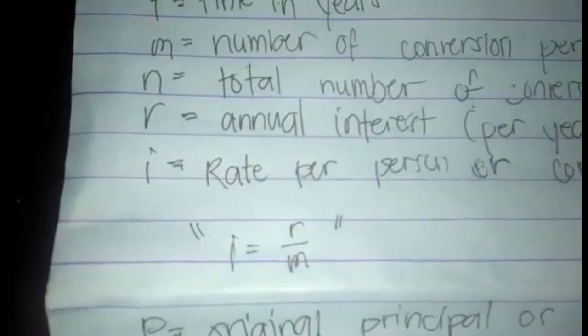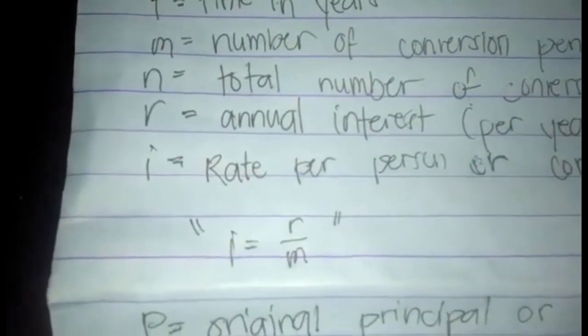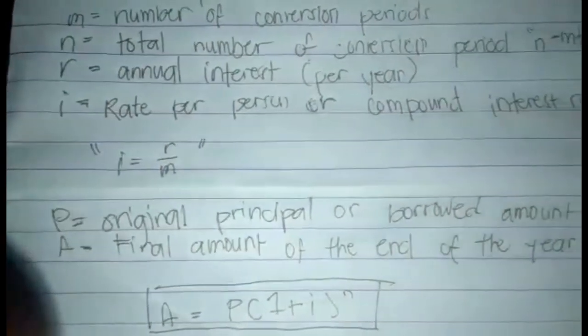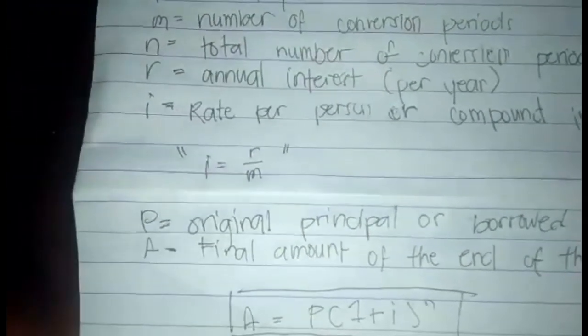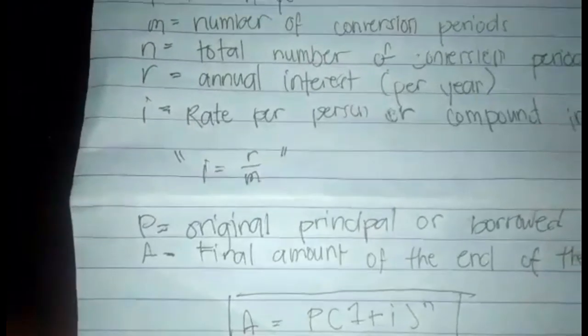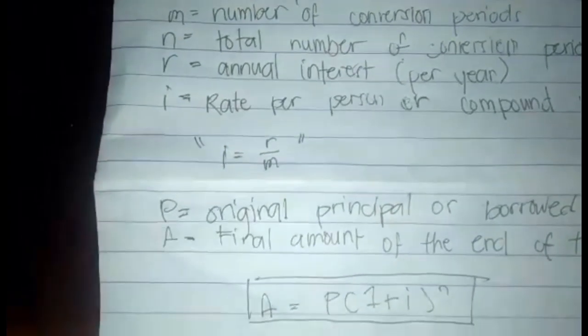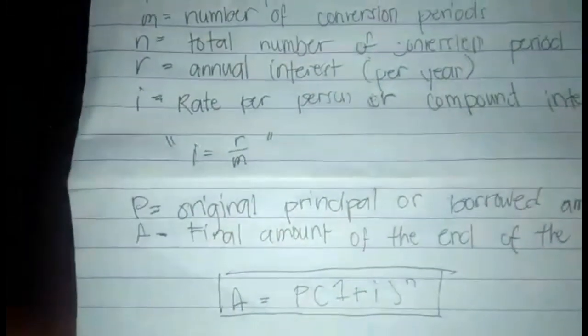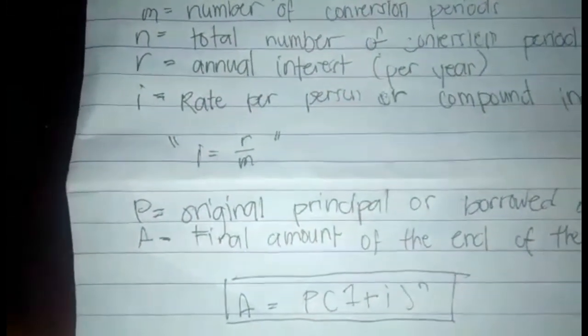To get I, we need to divide the annual interest by the number of conversion periods. Then P is equal to the original principal or borrowed amount, which states the original amount in the problem. A equals the final amount at the end of the year, or the final answer.